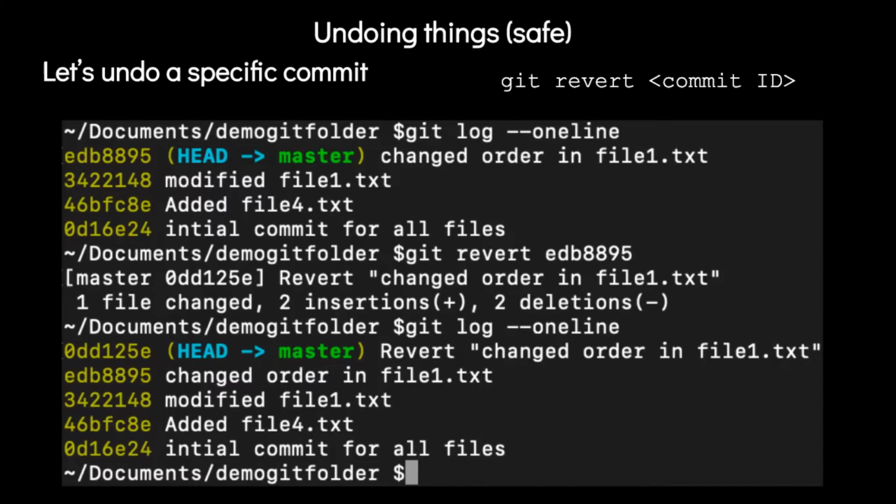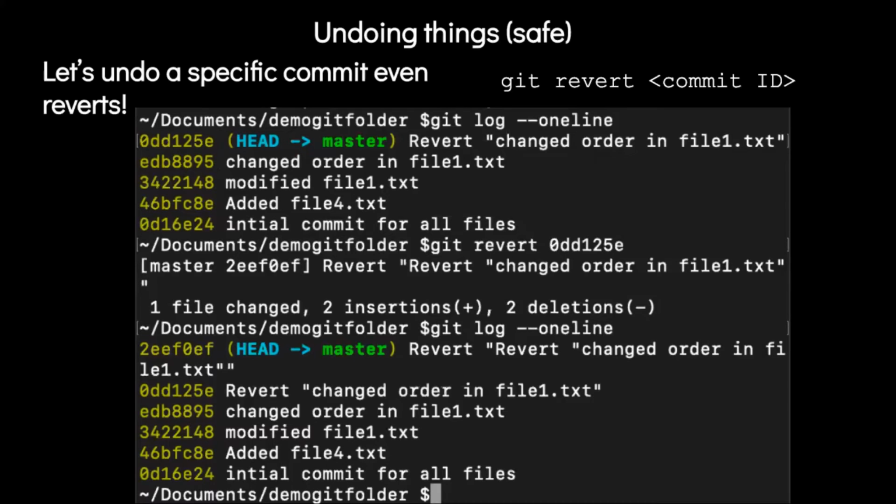If we follow one general rule with it, that we always move back one step at a time, it's a really, really safe tool that we can use to git revert and unwind our way throughout our history. You can even revert reverts, which is a little weird, but since a revert is just a new commit that undoes the changes of the specific commit, there's no reason we wouldn't be able to revert all of those reversions as well.